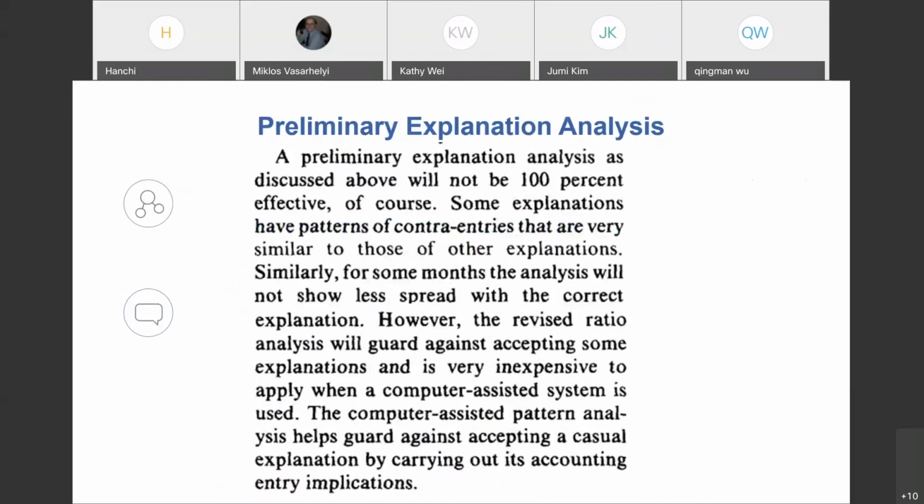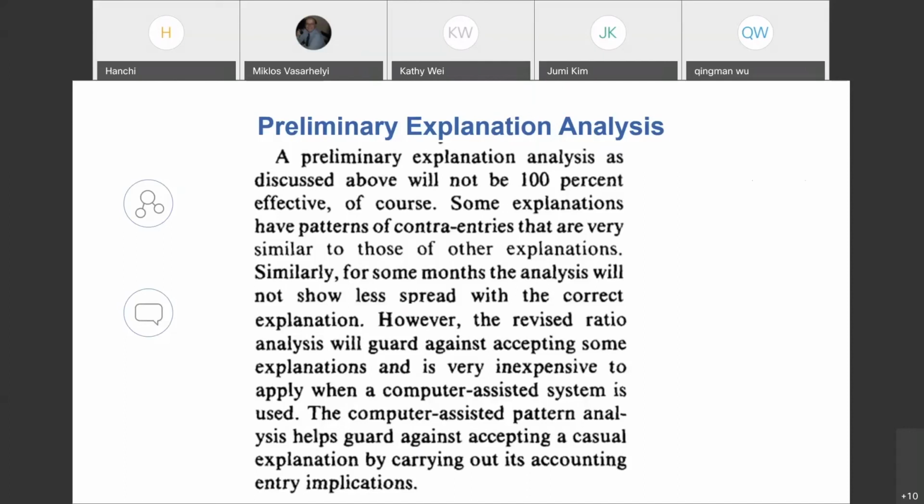After we design such analysis, we know that preliminary explanation analysis, as discussed above, will not be 100% effective. Some explanations have patterns of control entities that are very similar to those of other explanations. Similarly, for some of the months, the analysis will not show less spread with the correct explanation.